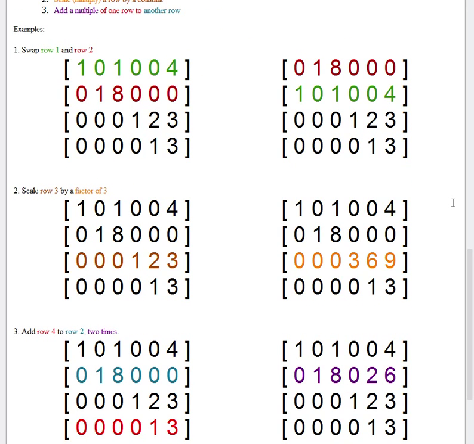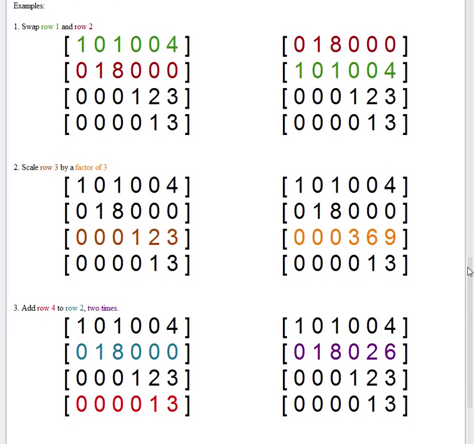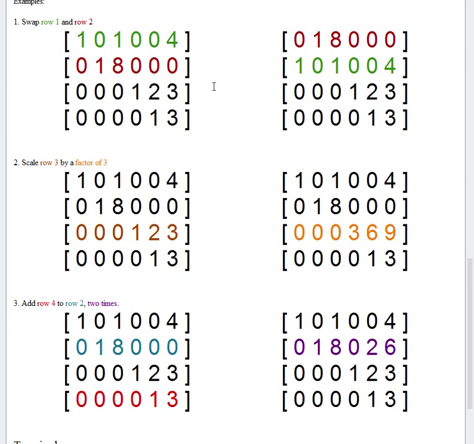So to show the operations using an example matrix here, the first thing we can do is swap two rows. So the row in green will change positions with the row in red. The second thing that we can show is that if a row is multiplied by a constant, here we multiply this entire row by 3 and it gets replaced by the multiple of the row.